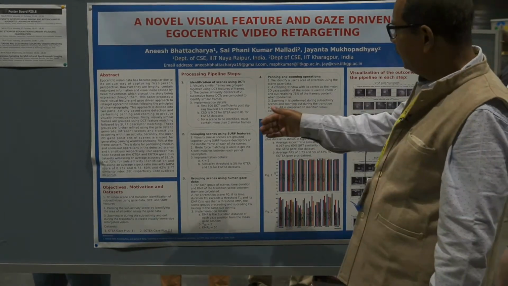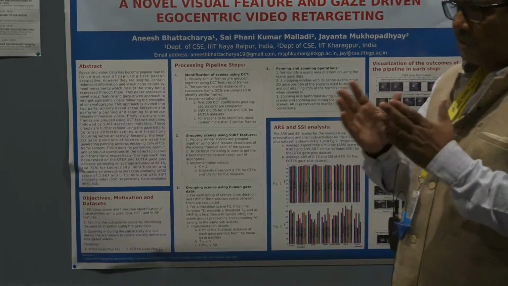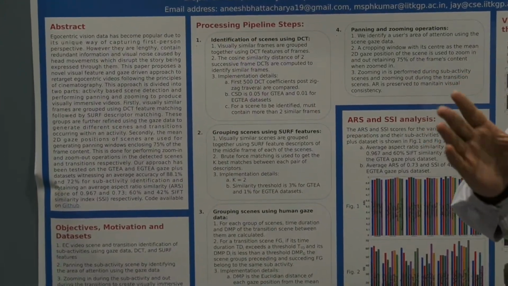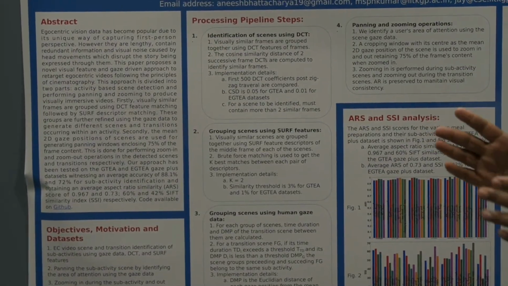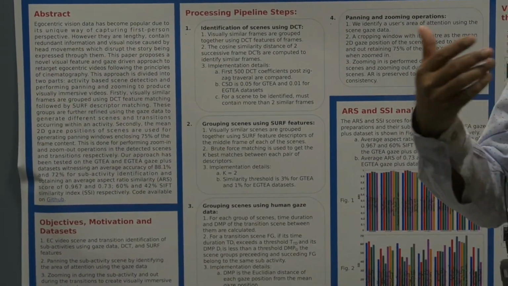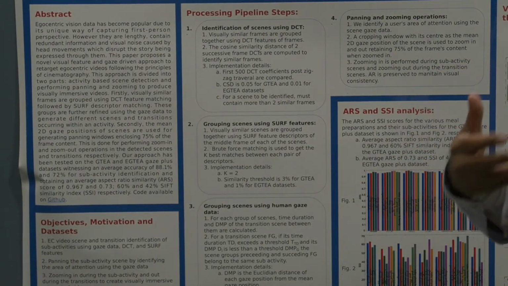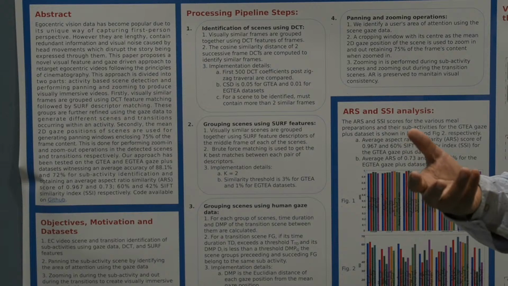So the processing pipeline in this case is that first we group the frames which are very similar, and initially we considered for that the density coefficients, because in the complex domain density coefficients could be better retrieved.